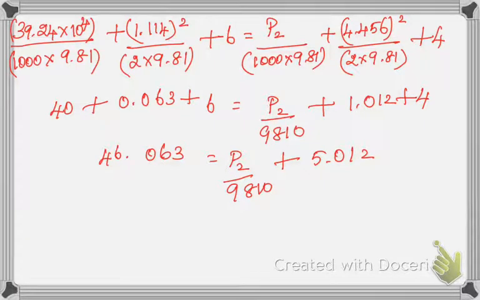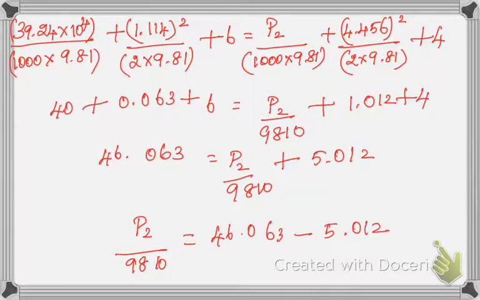So after simplification and multiplication, P2 by 9810 is equal to 46.063 minus 5.012. So P2 will be equal to 41.051 into 9810 Newton per meter square.